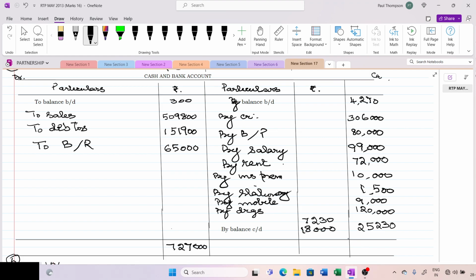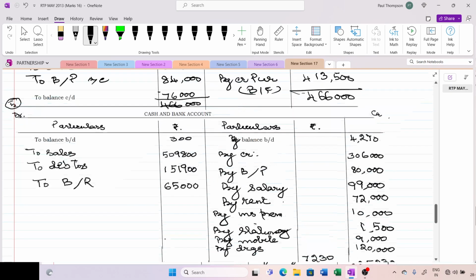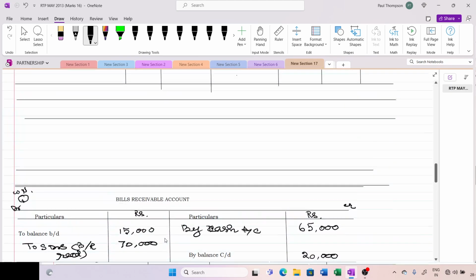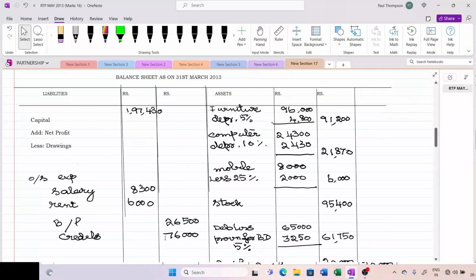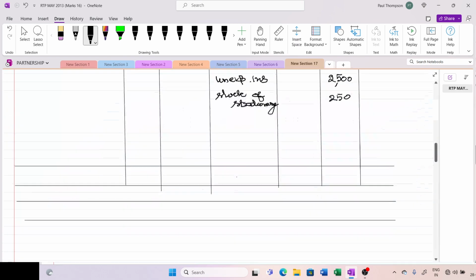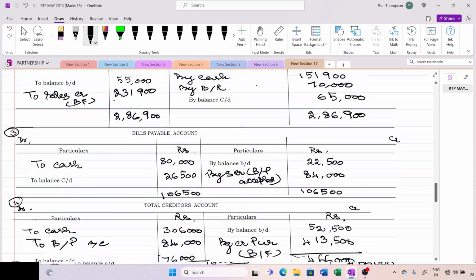This makes a total of 7,27,000. We have forgotten this drawing. Drawing should go to our capital account of our balance sheet. Drawing will be 1,20,000. Okay. So now this cash and bank account is also closed.